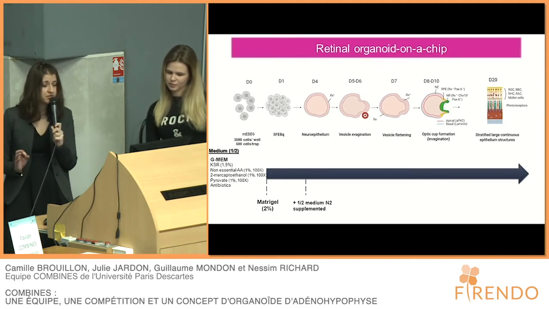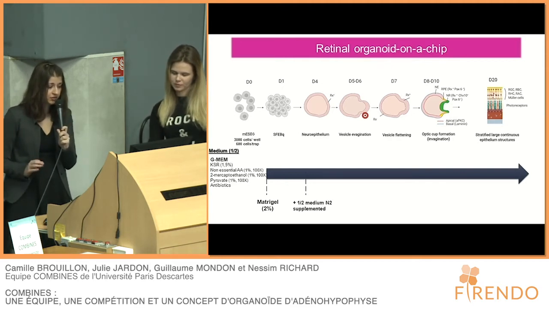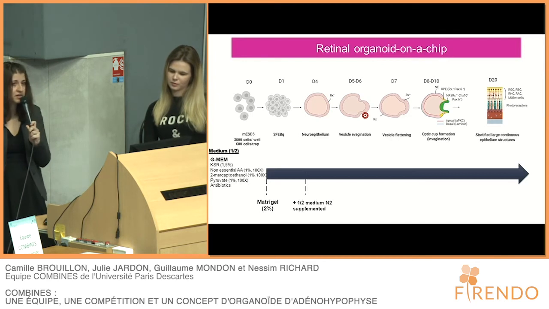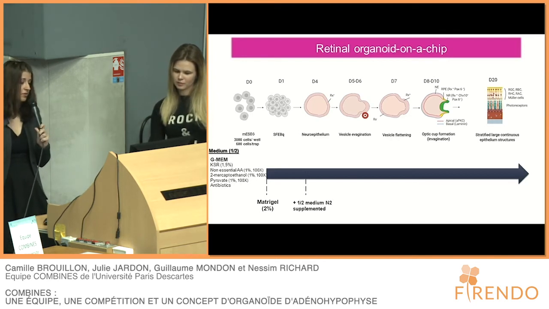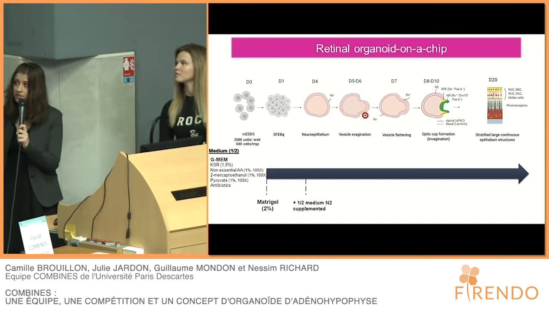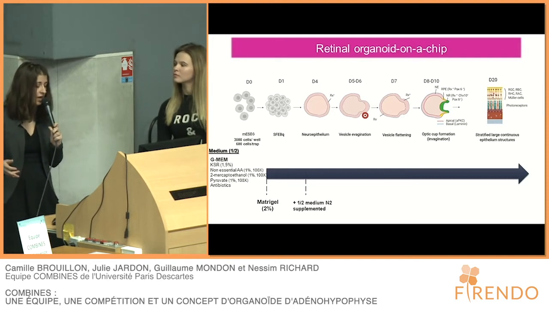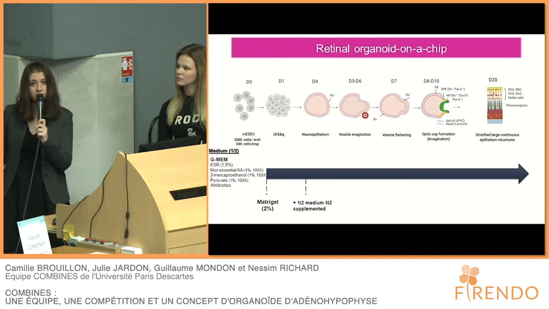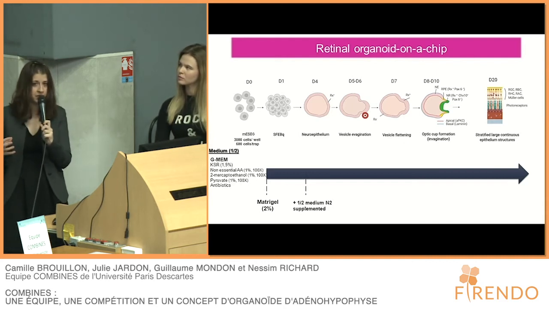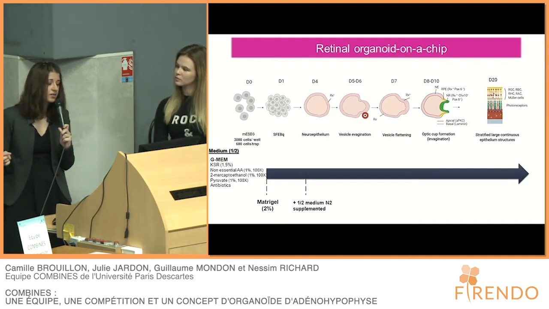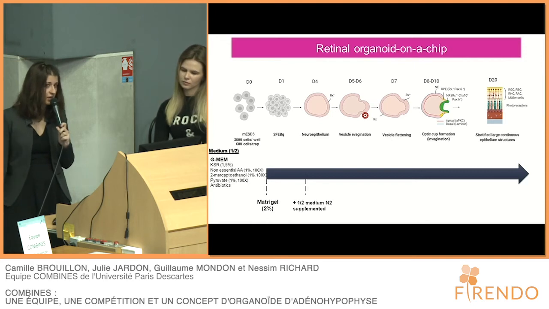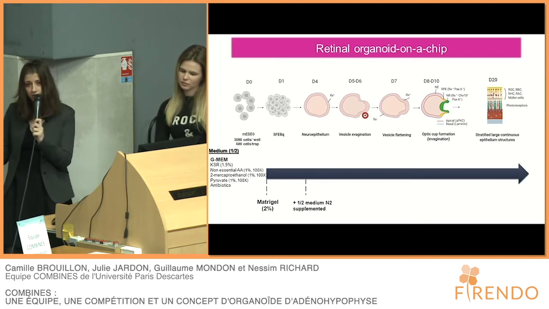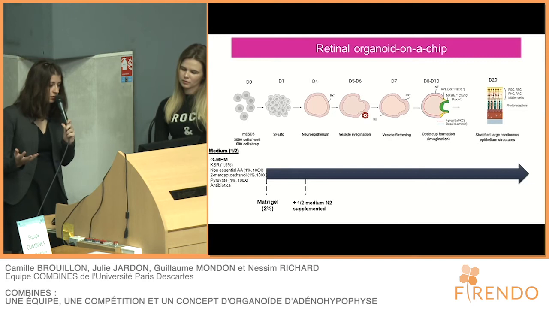We use a very specific medium to induce the differentiation, which was composed mainly of Glasgow medium and knockout serum. We use half of the medium on the first day of culture, and after 1 day, when we begin to see the aggregation of the cells to form the embryoid bodies, we added 2% of Matrigel, and on day 4, we added the other half of the medium, which was N2 supplemented.